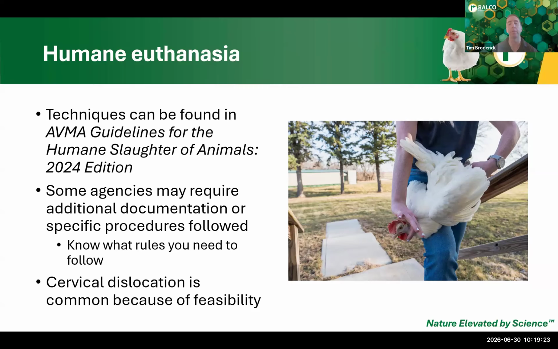So if you're under United Egg Producer guidelines, if you're under National Organic Program, they all have different standards and requirements that denote what methods of euthanasia are appropriate in addition to AVMA guidelines. Primarily that's going to be cervical dislocation and/or CO2 asphyxiation. So make sure that you have the right equipment to follow the protocols that are outlined and also the appropriate training for anyone who's assisting.